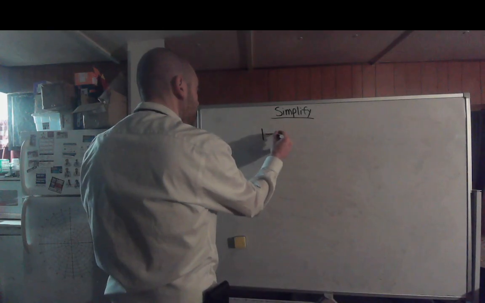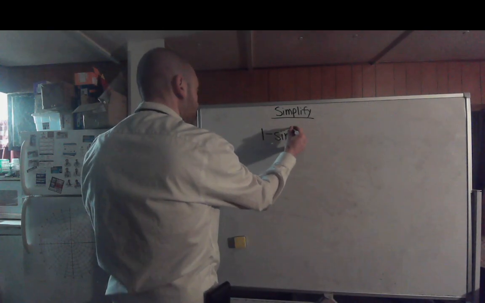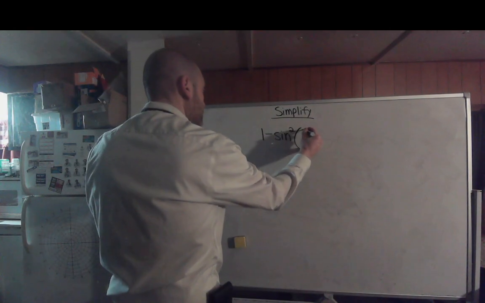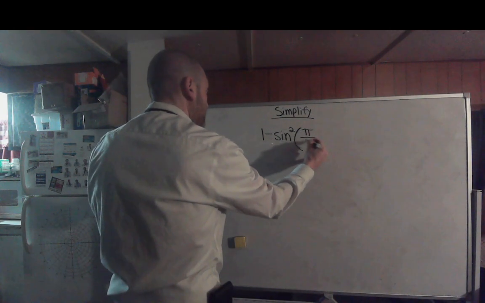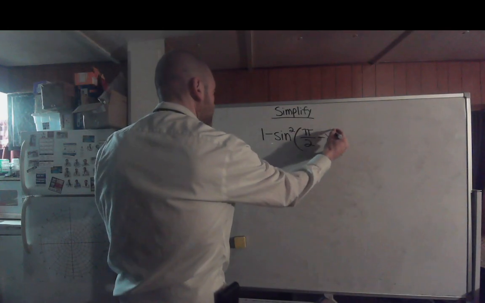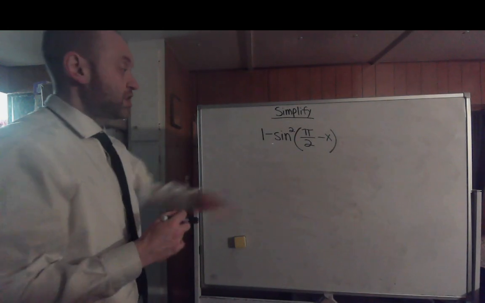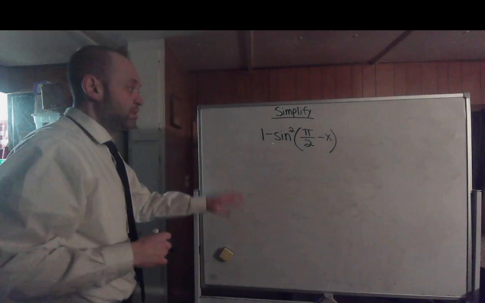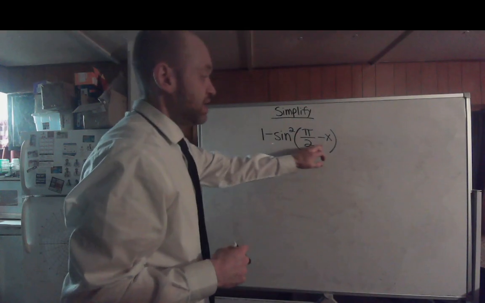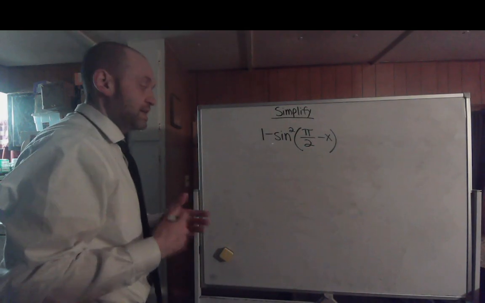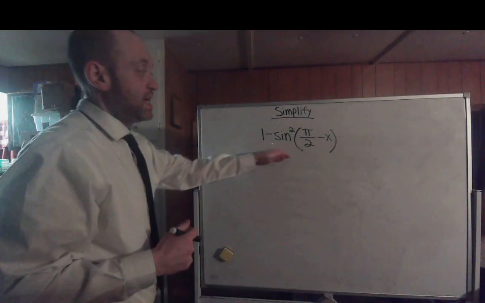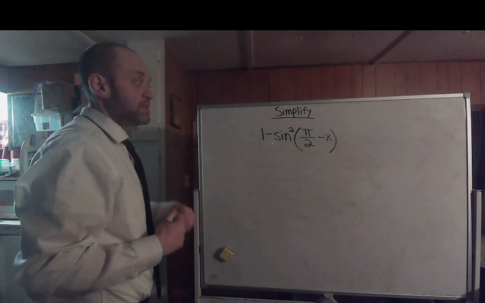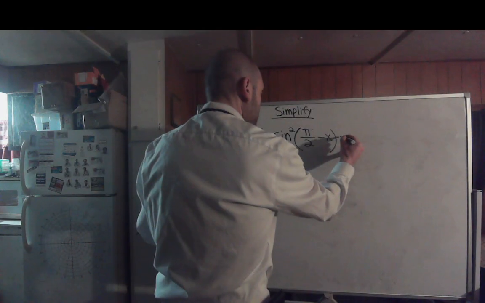Alright, 1 minus sine squared of the quantity of pi over 2 minus x. So we have a cofunction identity here. How are we going to simplify this? Well, what is sine of pi over 2 minus x? That's cosine, right?